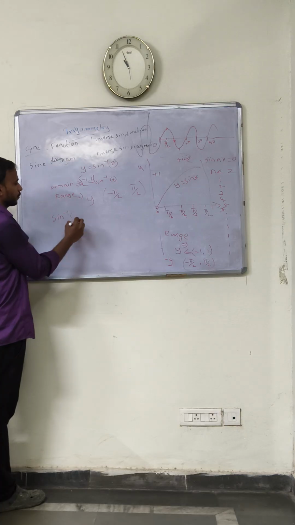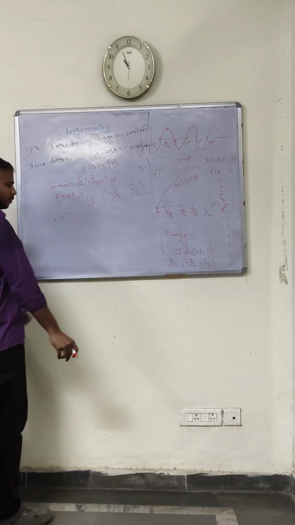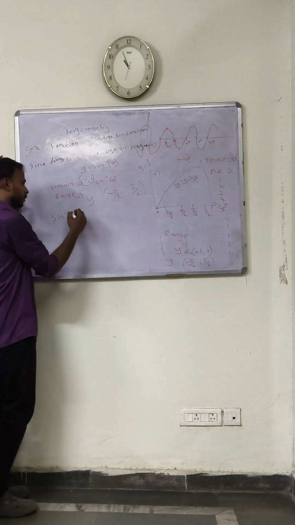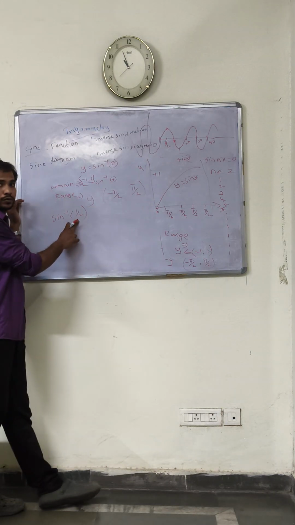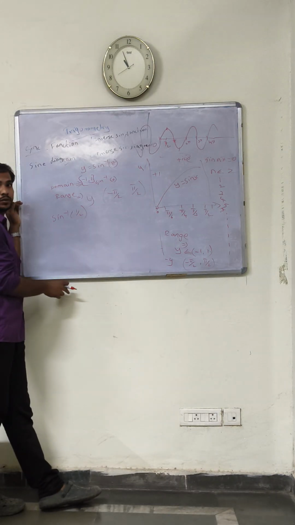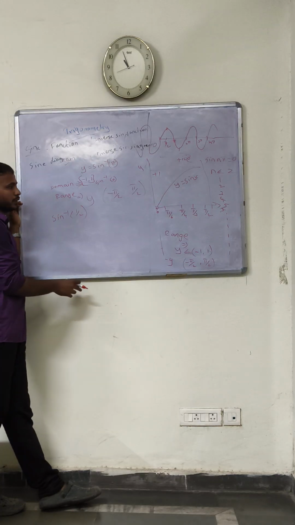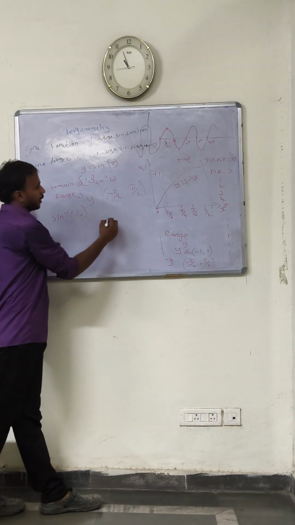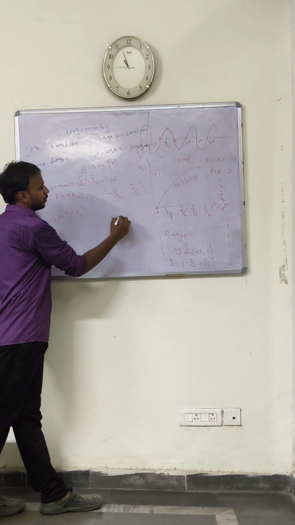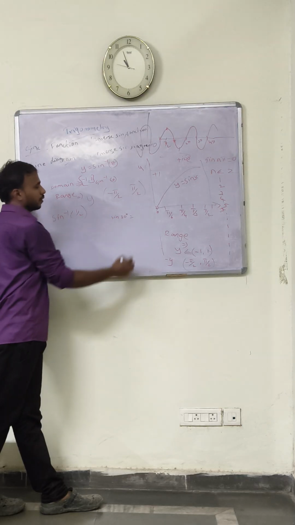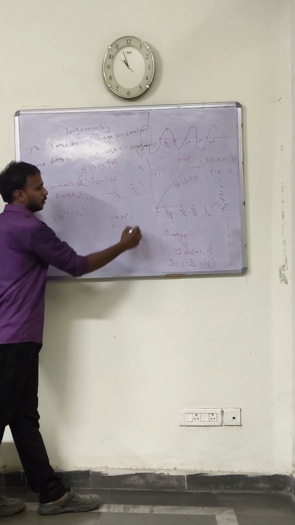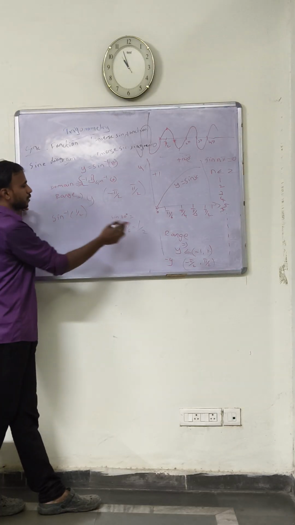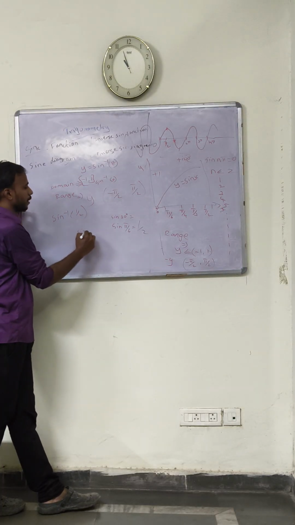Sine inverse of, what will you ask, sine inverse of 1 by 2. Simple only. So equivalent to 1 by 2. What is 1 by 2? We previously wrote the sine table. Sine 30, otherwise sine pi by 6, is equal to 1 by 2. So instead of 1 by 2, you can substitute sine pi by 6.